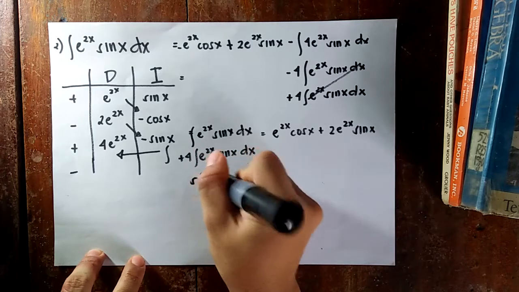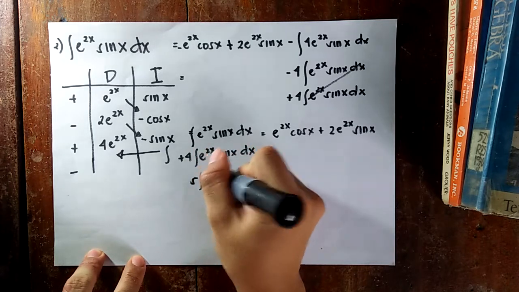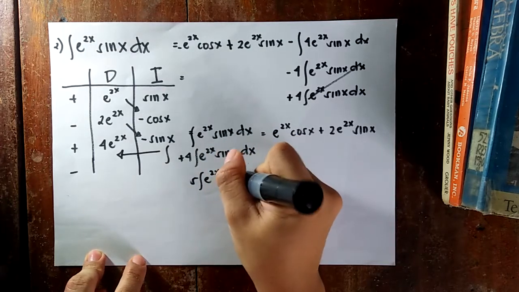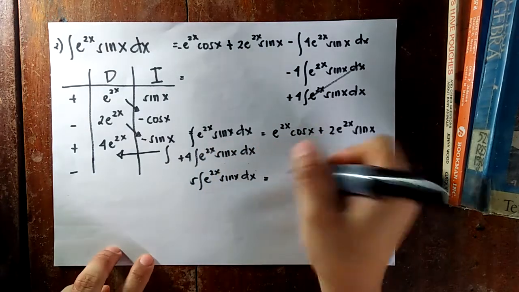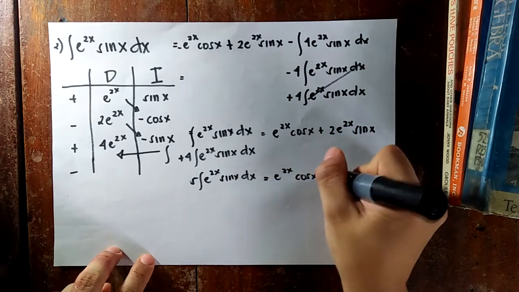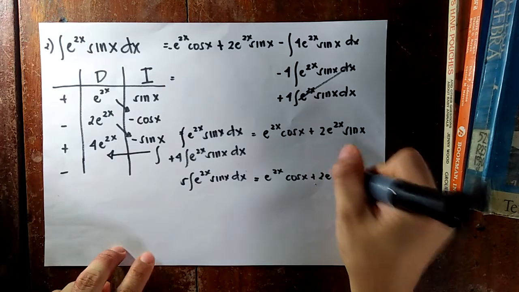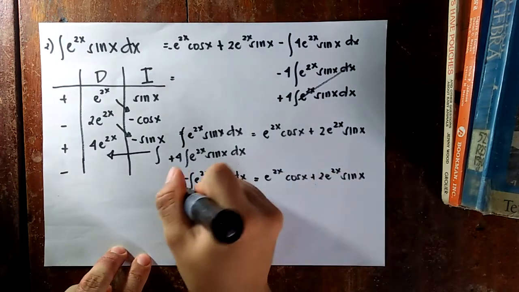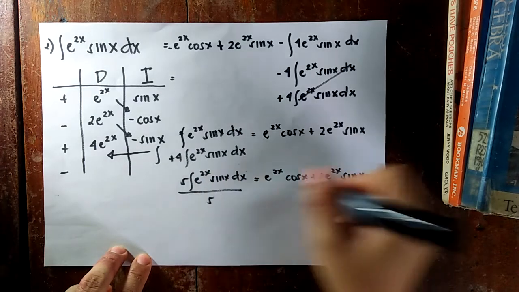Combine, because this is addition and addition, so let us combine. It will become 5 times the integration of the product e raised to 2x sine x dx equals e^2x cosine x plus 2e^2x sine x, and divide both sides by 5.